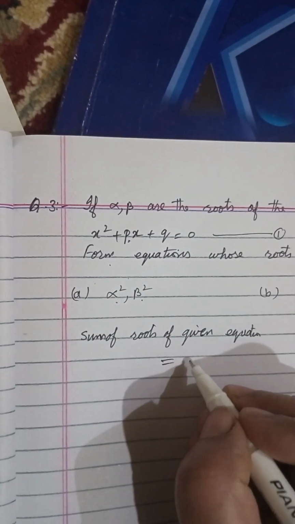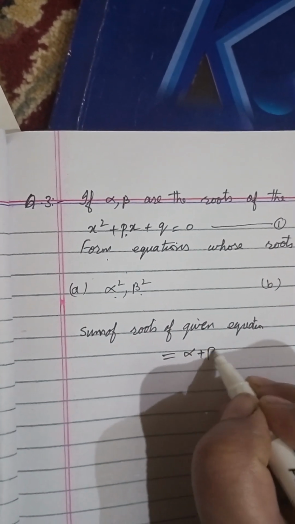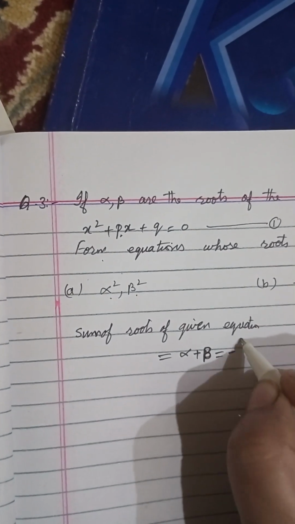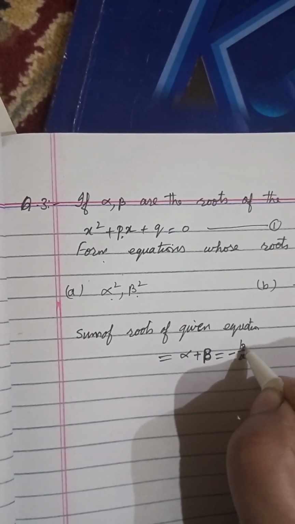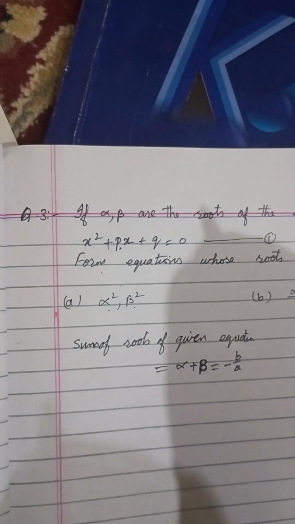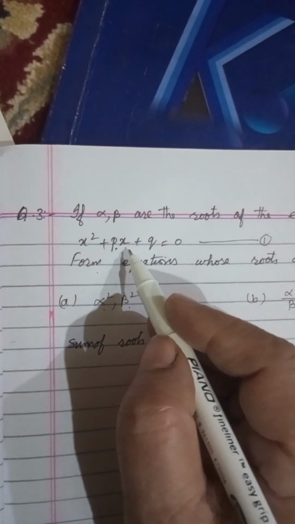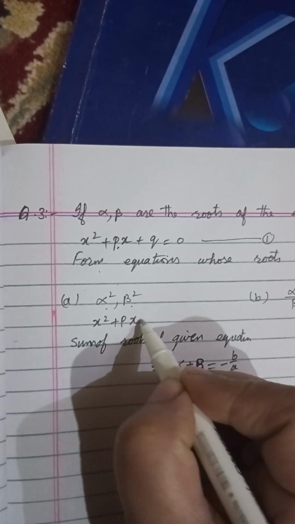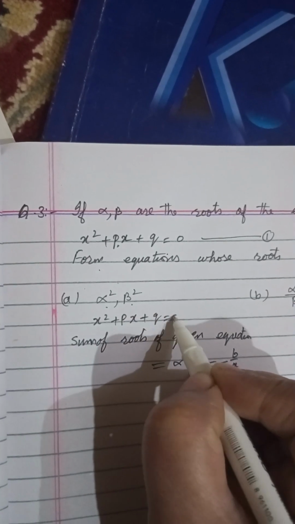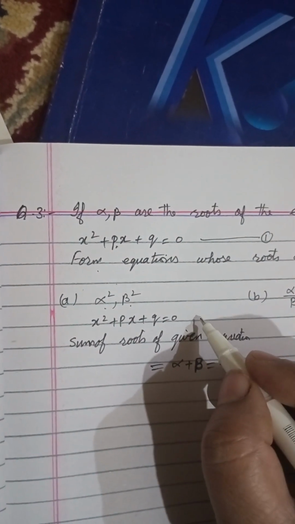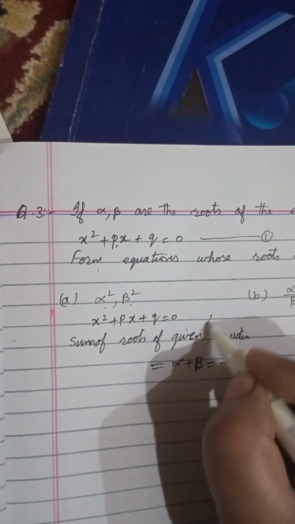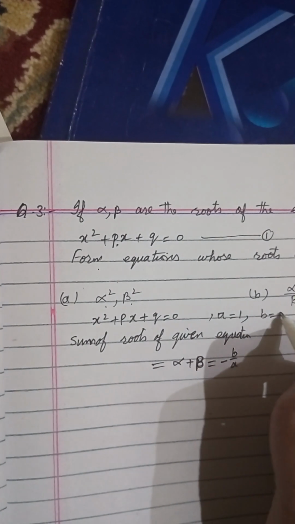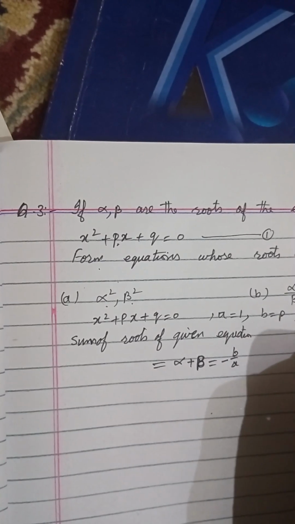Alpha and beta are the two roots, so alpha plus beta will be equal to minus b over a. The given equation is x² + px + q = 0. In this equation a is equal to 1, b is equal to p and c is equal to q.